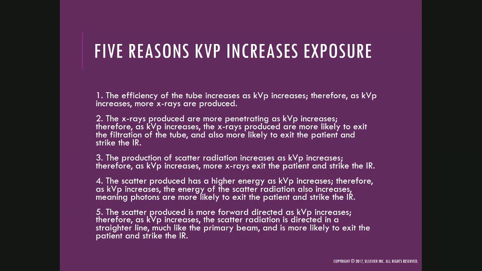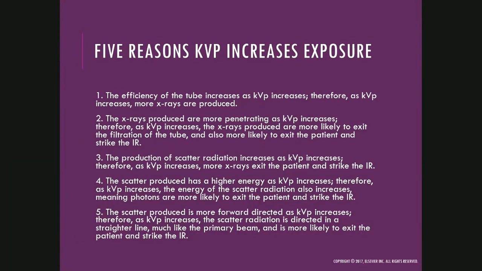And part of that has to do with how tricky, I guess, is the word I'm looking for, how tricky KVP is. KVP increases exposure to your IR not only because it makes X-rays more efficiently in the X-ray tube.